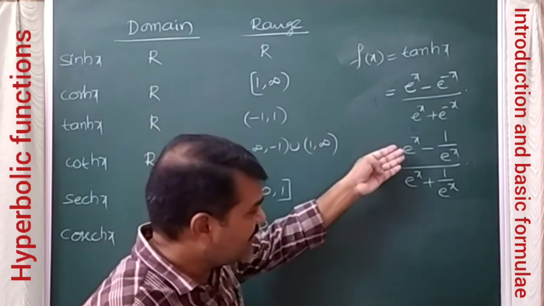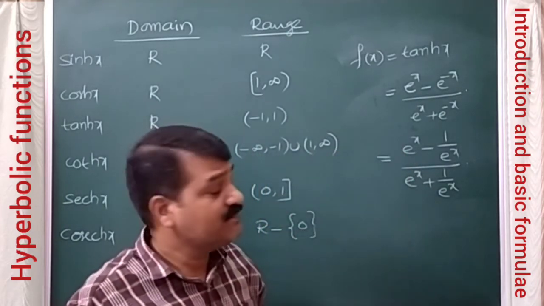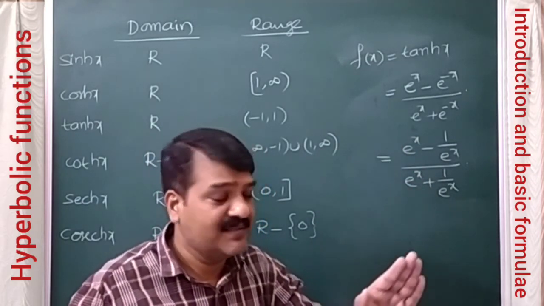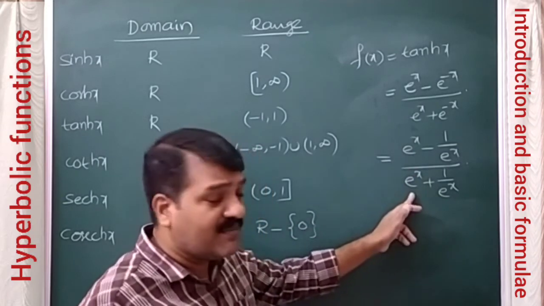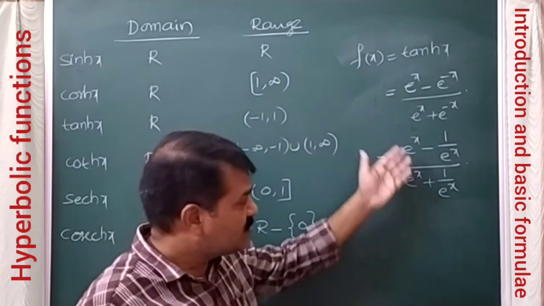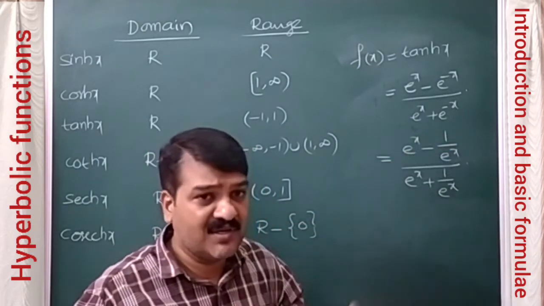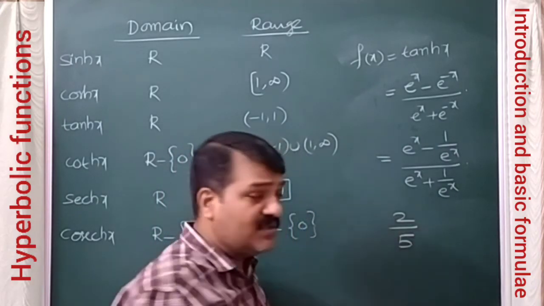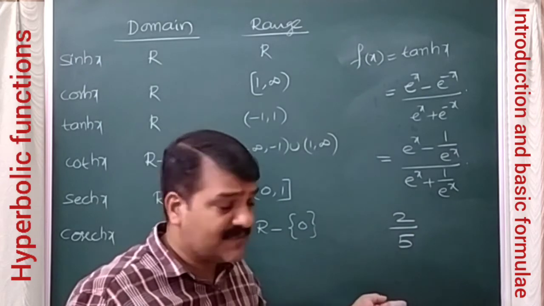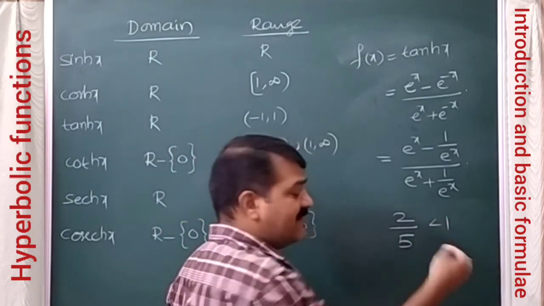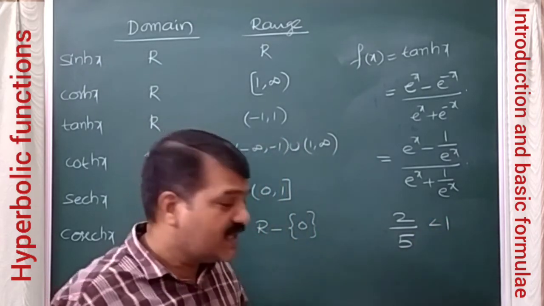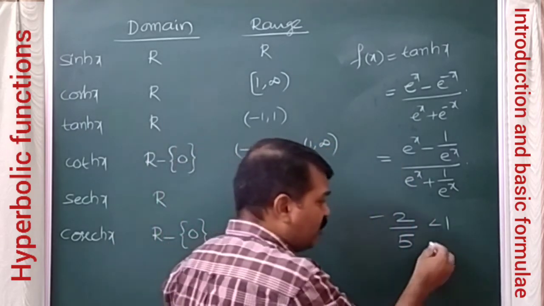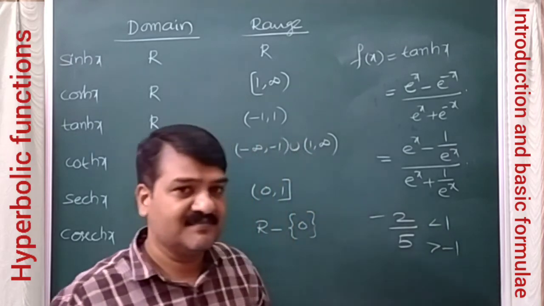When the numerator is always less than the denominator, the function value cannot exceed 1. So definitely this value will be less than 1 only. Like if you have 2 in the numerator and 5 in the denominator, the numerator is less than the denominator, so it is definitely going to be less than 1 only, no? And if it is negative, for example, it is going to be more than minus 1.